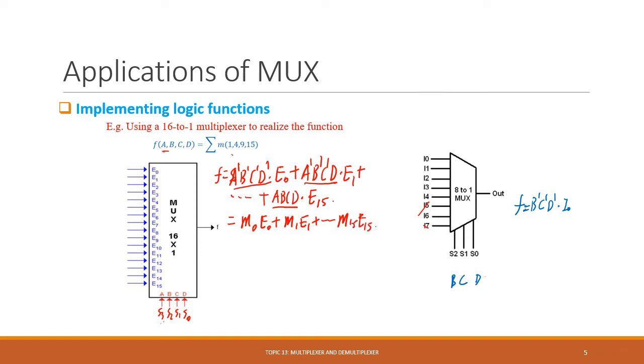So all we have to do is configure those data inputs, right? If we can fix the value of the data inputs, then we can pick out the terms we want to realize that function. So in this case, what we need to do is for E1, E4, E9, and E15, we connect them together and fix them to the power supply, which is logic high, right? Then the M1, M4, M9, and M15 in this expression will be retained.